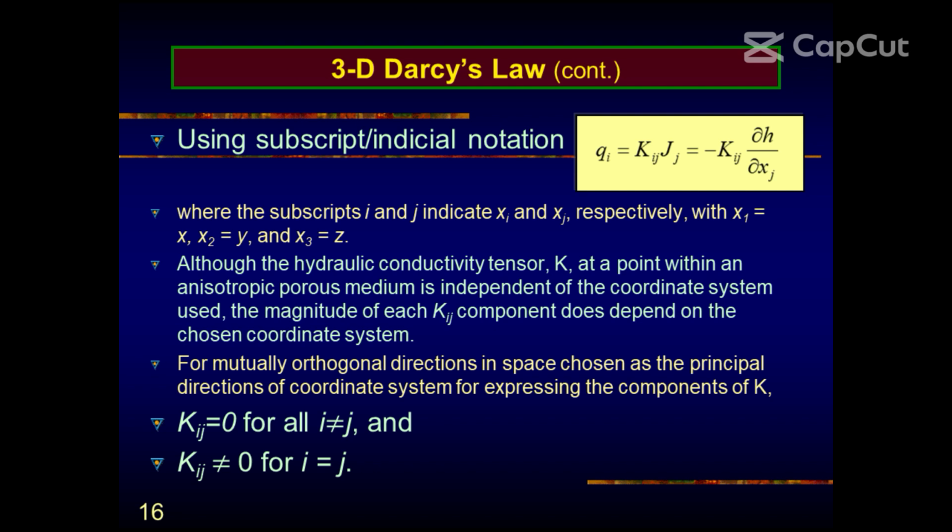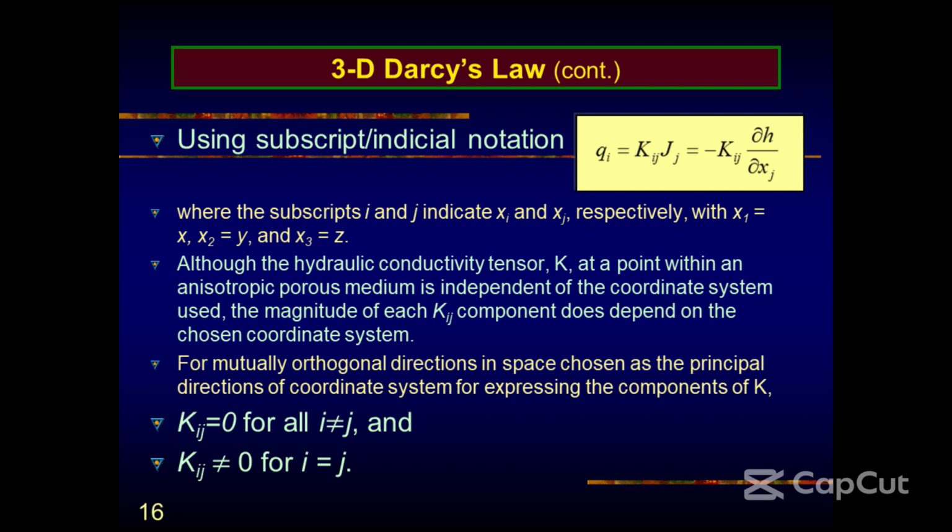Now, when we take the next one, i equals 2. j also has to run from 1 to 3. You take it all through. So in this case, we will have Q2, which will be equal to K21 J1, plus K22 J2, because i is pegged at 2 and j takes values from 1 to 3, plus K23 J3.